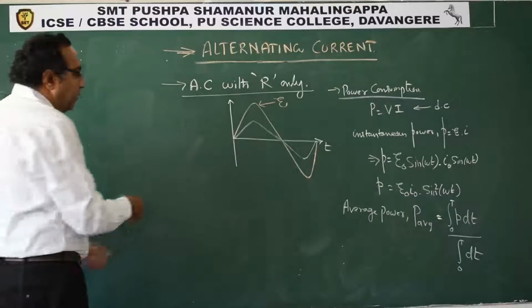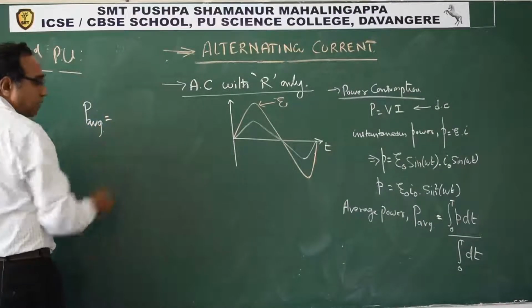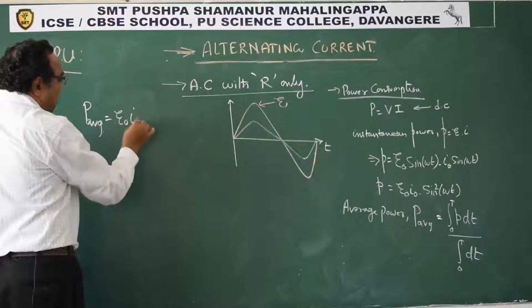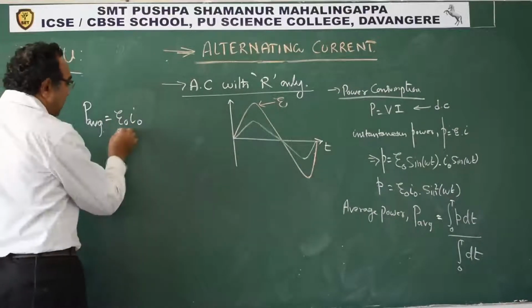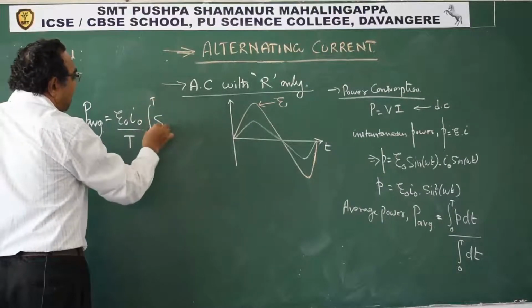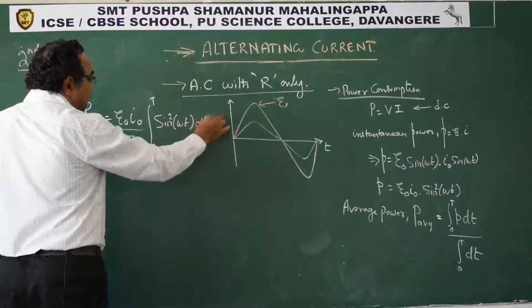So the average power will be: E naught I naught will come outside, the denominator will give T, and we will have the integral from 0 to T of sine square omega t dt.